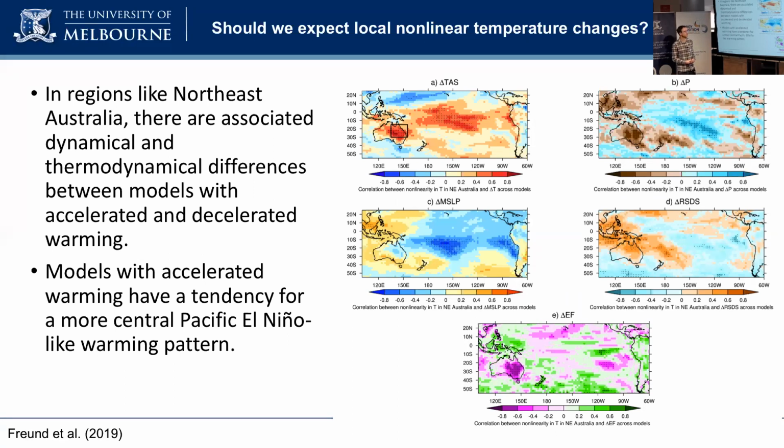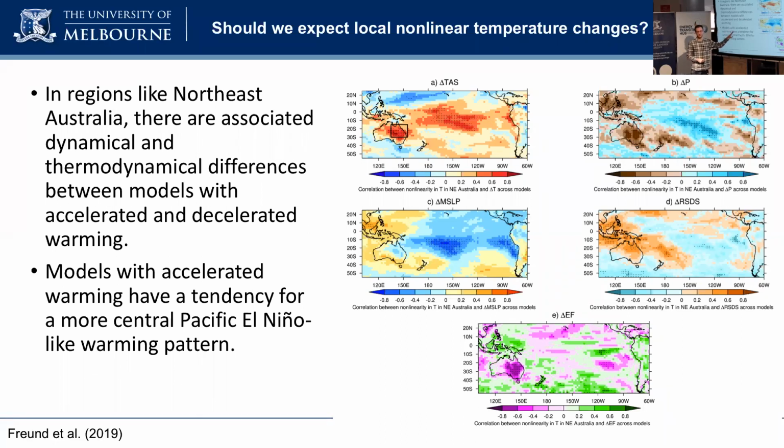This is saying for the change, this is because it's controlling for global temperature change. So going from a 1.5 degree world to a 3.5 degree world in each model, it's comparing locally that change in, say, MSLP between 1.5 and 3.5 degrees with the non-linearity in that model from 1.5 to 3.5 degrees.